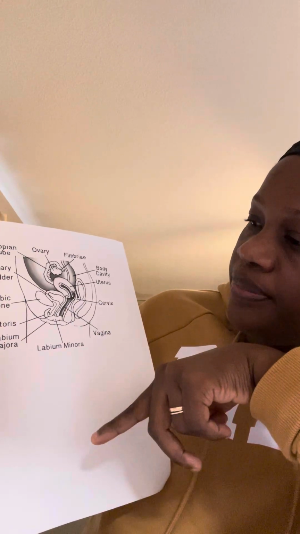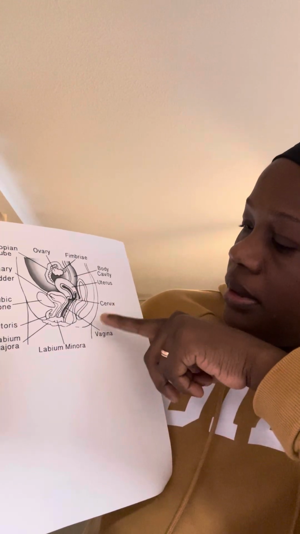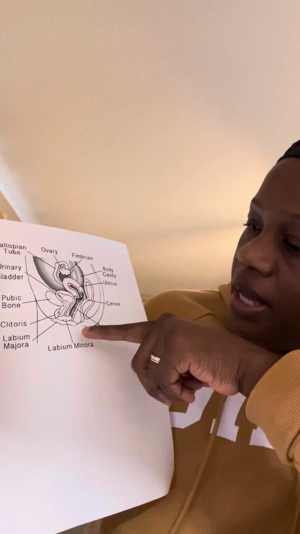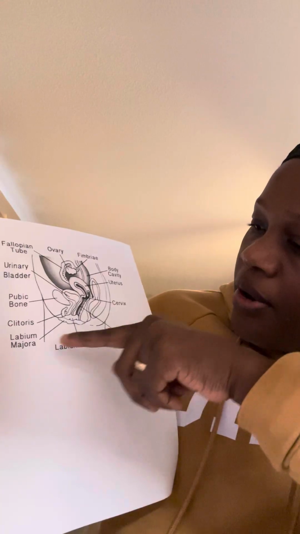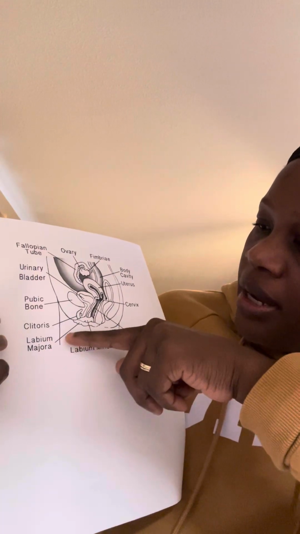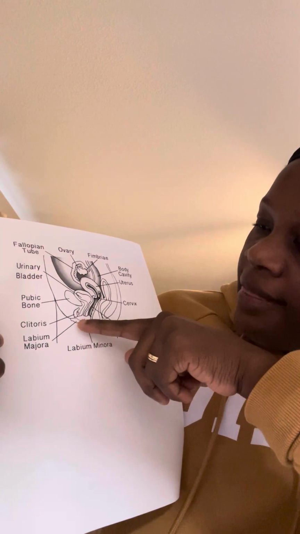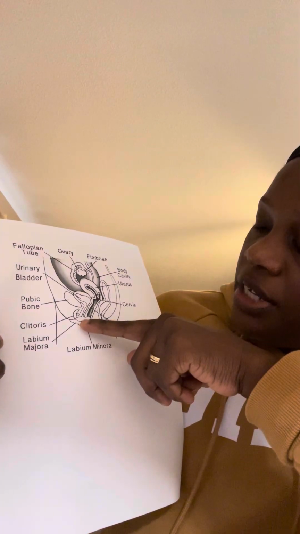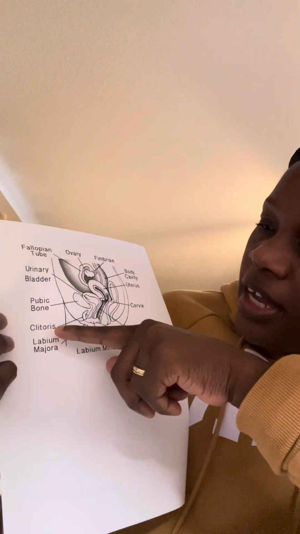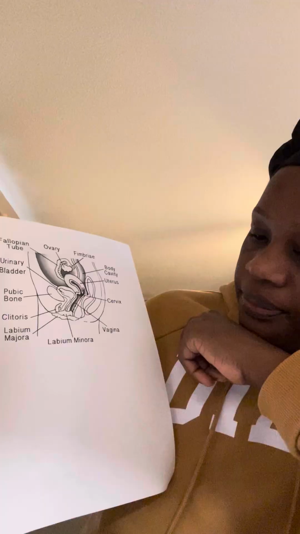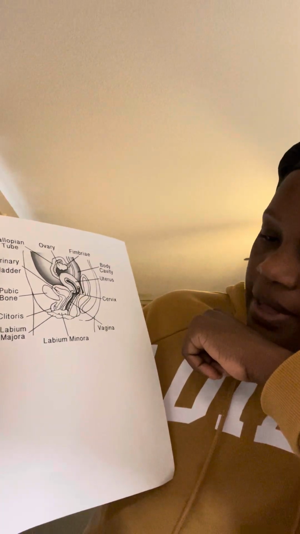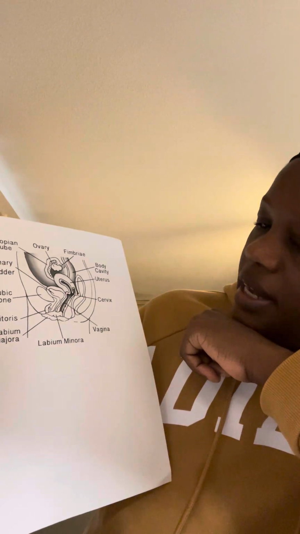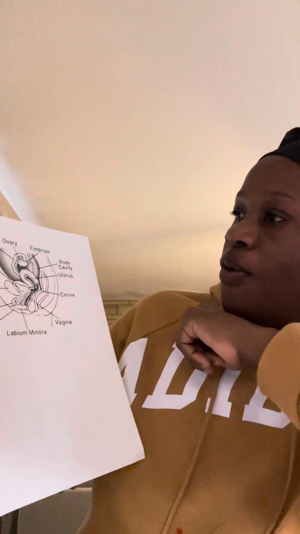And then we have the labia minora and the labia majora, which are the external genitalia, also the clitoris. They are the external genitalia, the vulva. So this is all we have with the female reproductive system.